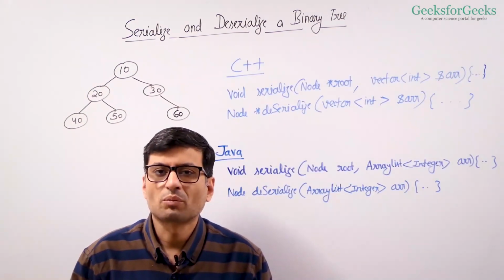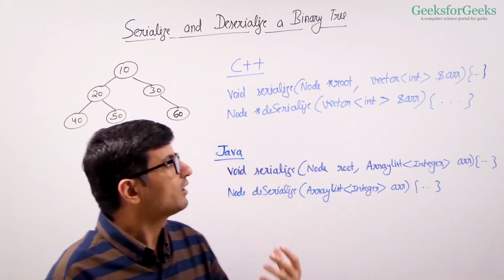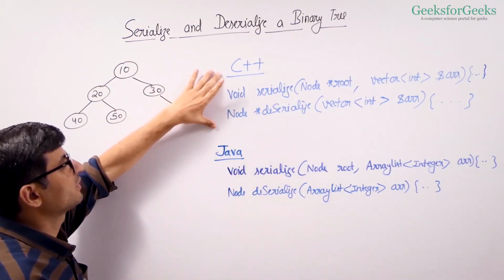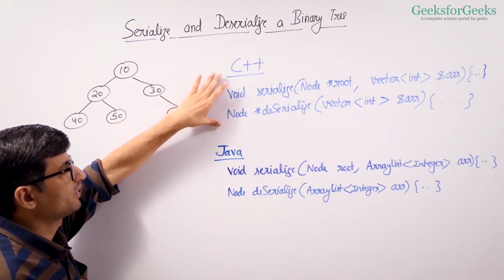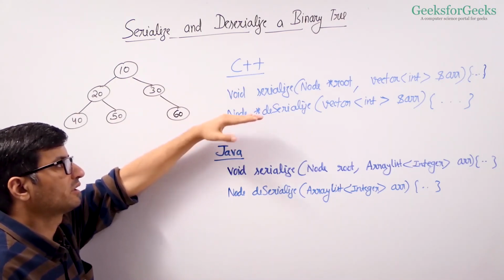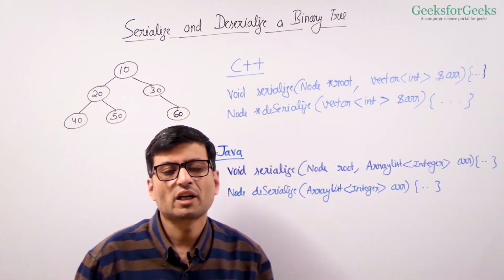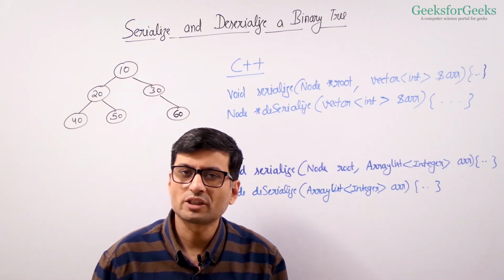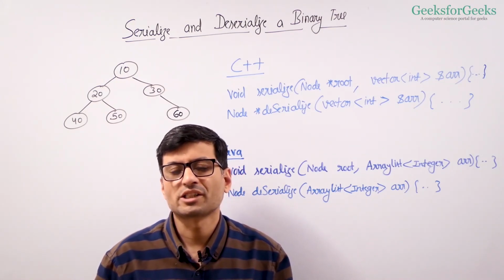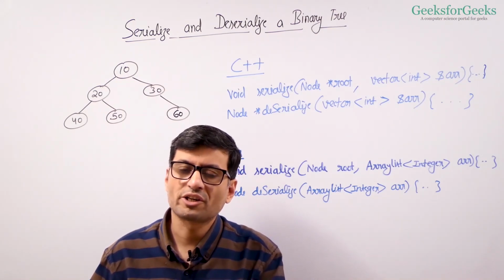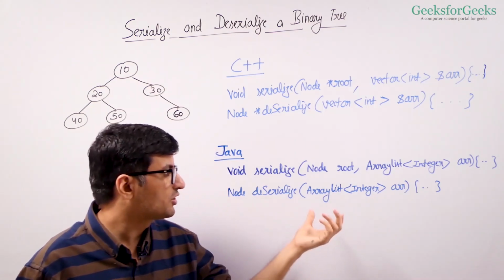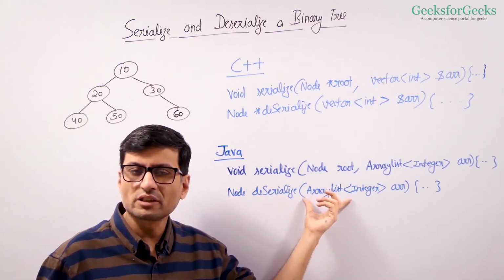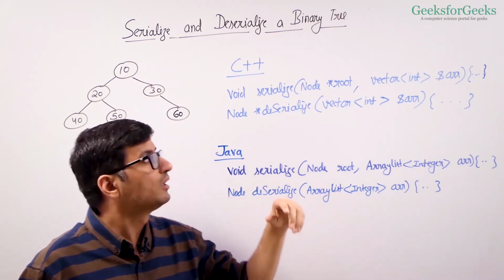Let us define the problem more precisely. If we are programming in C++, then we need to write two functions, serialize and deserialize. For simplicity, I am using vector here, not a string. The main idea is to avoid string operations. Similarly, in Java, I am using array list here instead of using a string.